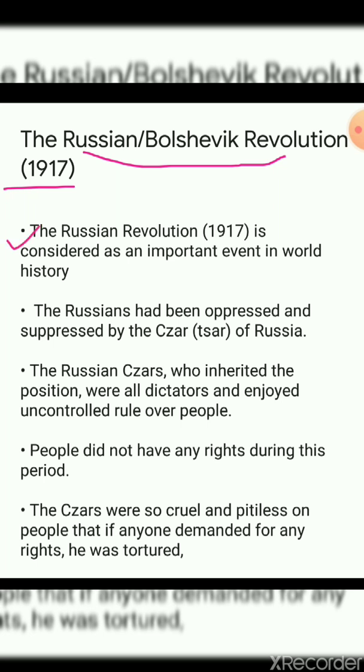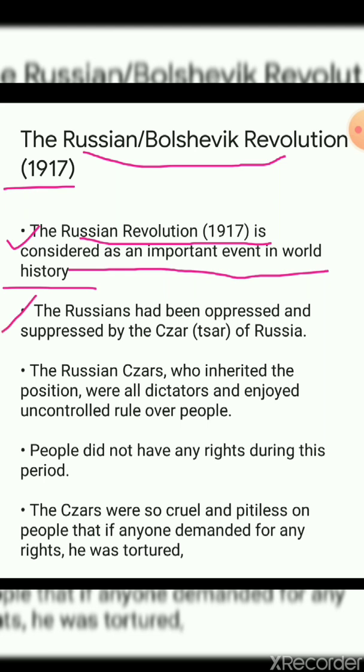So the first point over here: the Russian Revolution 1917 is considered an important event in world history. Just as the First World War is said to be an important event in world history, the Russian Revolution in the year 1917 is considered to be an important event in world history.